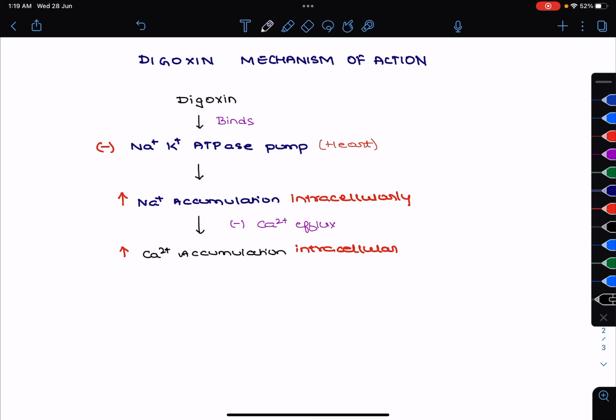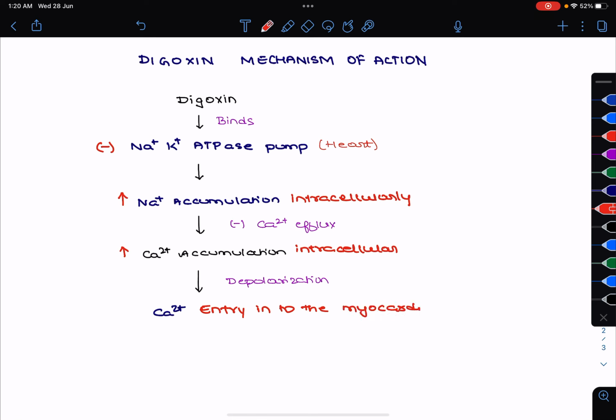Along with that, whenever there is a depolarization, during the depolarization there will be calcium entry into the myocardium.